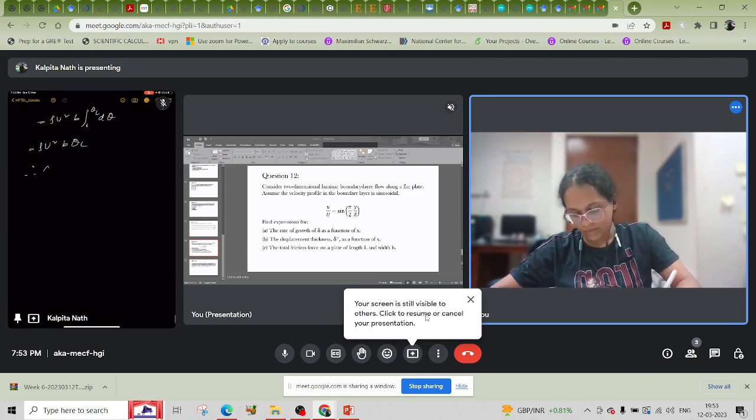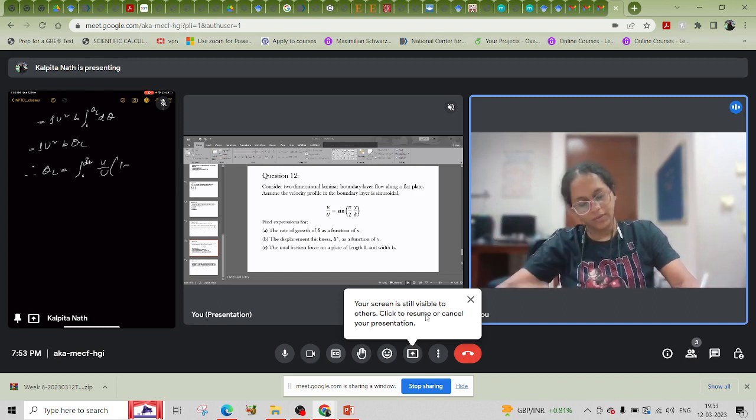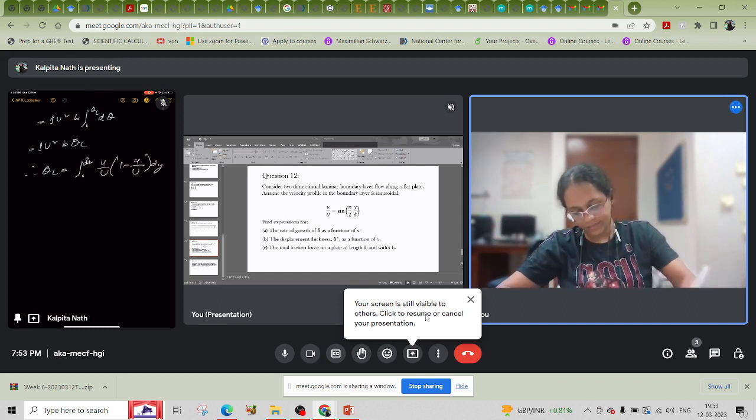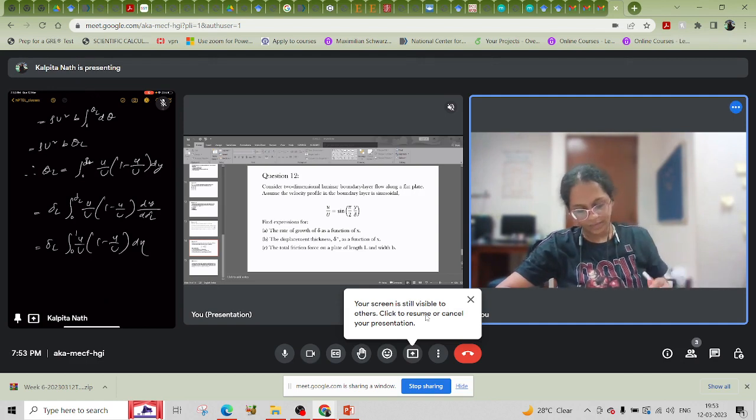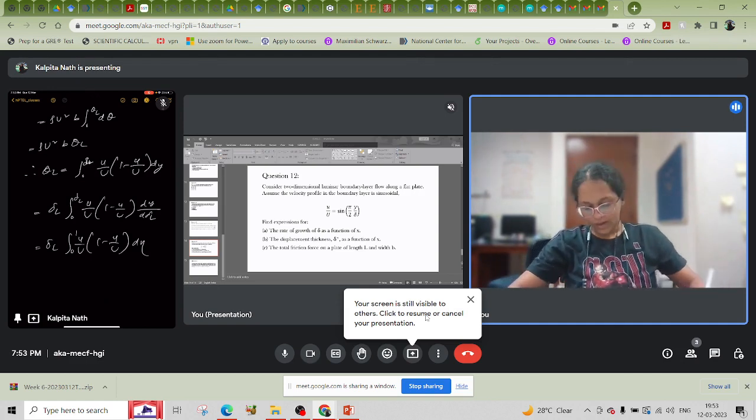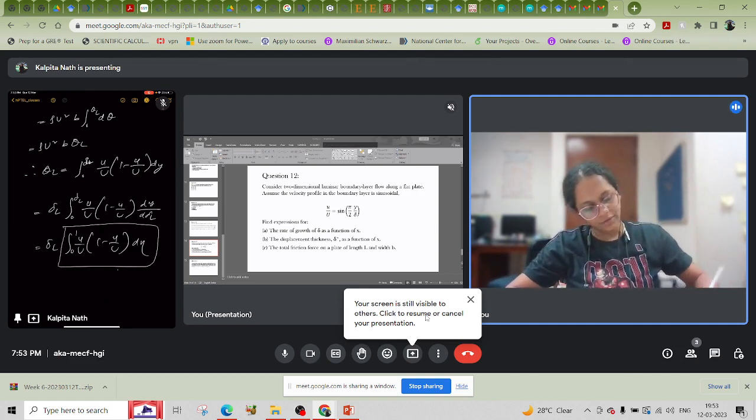Therefore, theta L is equal to integral 0 to delta L of small u by capital U times 1 minus small u by capital U dy, which is delta L integral 0 to 1 of u by U times 1 minus u by U d eta. Now this we already found out to be beta.